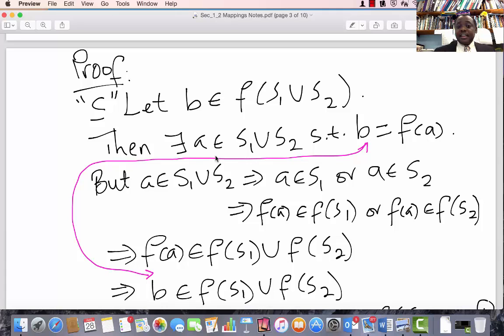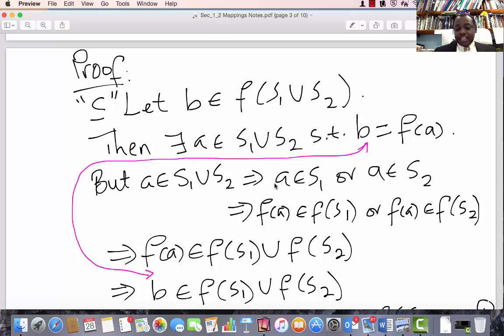But a is an element of S1 union S2. What does that mean? By the definition of union, which we saw in section 1.1, a, an element of S1 union S2, implies that a is an element of S1 or a is an element of S2.